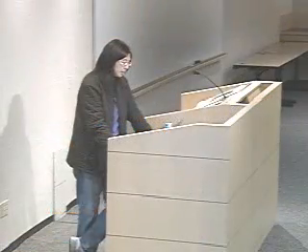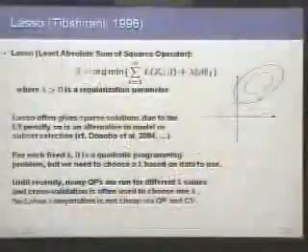So Lasso was invented about the same time as AdaBoost, by Robert Tibshirani, right now at Stanford. And I mentioned ridge regression, which has existed since the 70s. You recognize that you don't want to do least squares because it's overfitting, or for numerical stability, you want to penalize with the L2 norm.